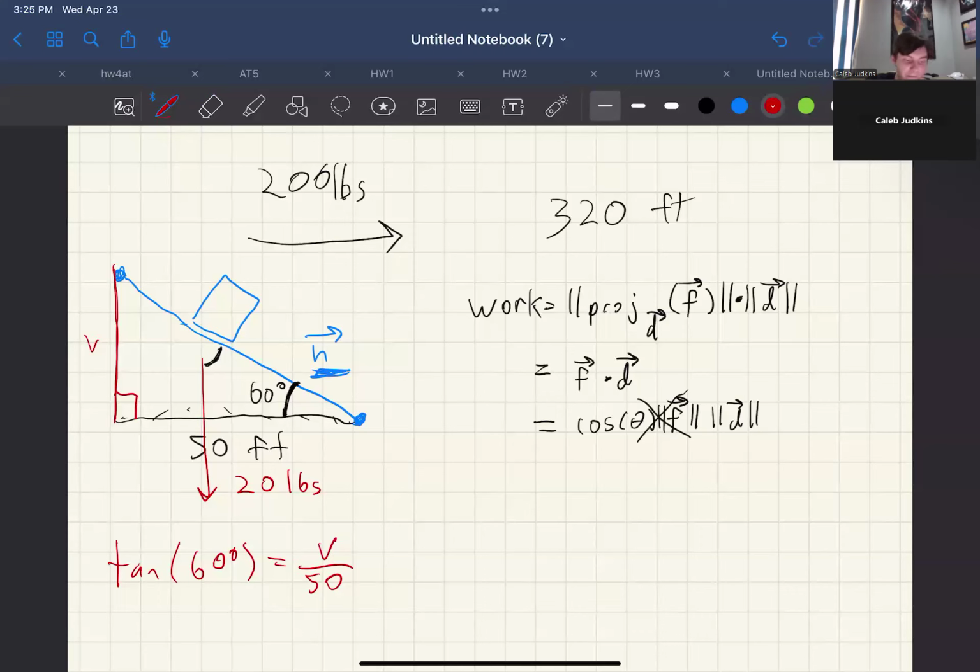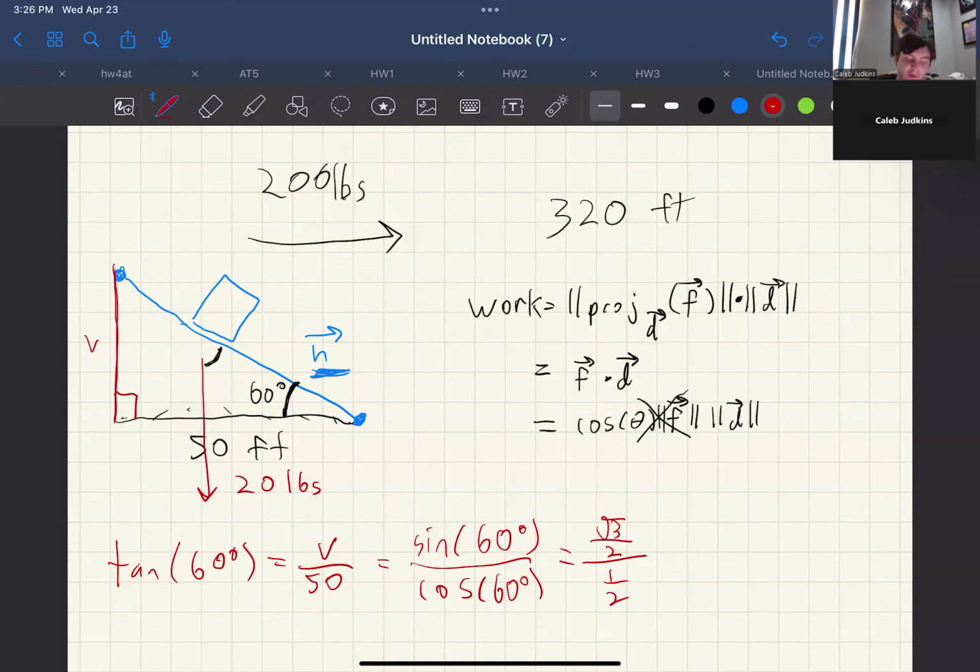But I don't know what tangent of 60 is. It's sine of 60 over cosine of 60. And sine of 60 is root 3 over 2, and cosine of 60 is 1/2.